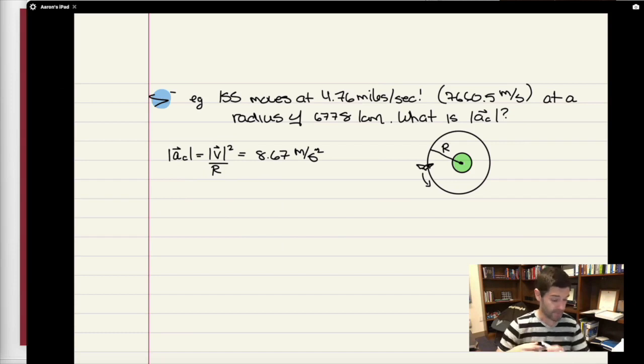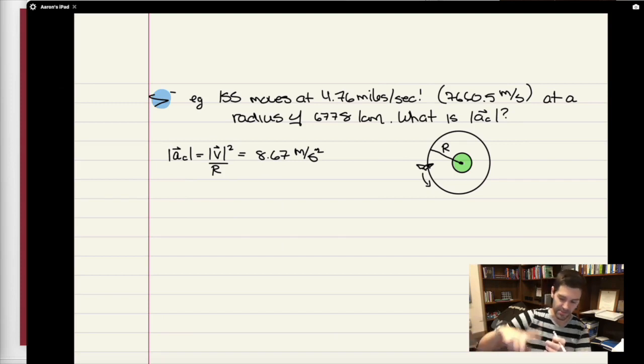As an aside, you could ask, where is it? Right now, we're still in the chapter where we're describing motion. We're not explaining motion. So we're describing this motion as having an acceleration of 8.67 meters per second squared. The reason is, of course, the Earth's gravity is pulling down on the space station and trying to get it to fall back down to Earth.